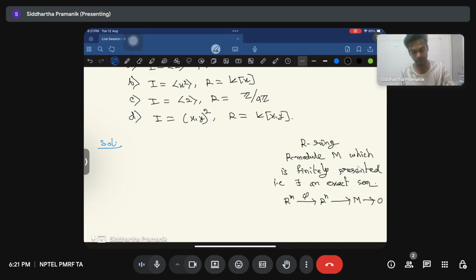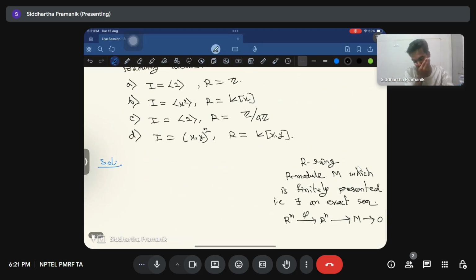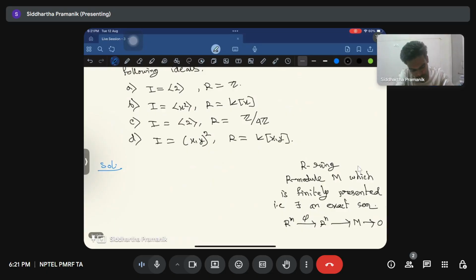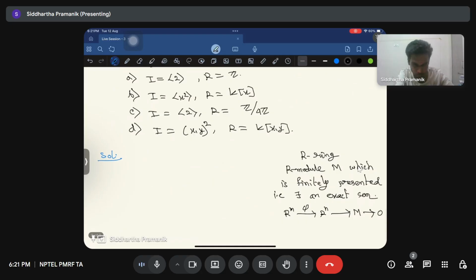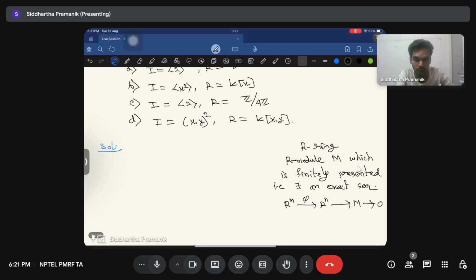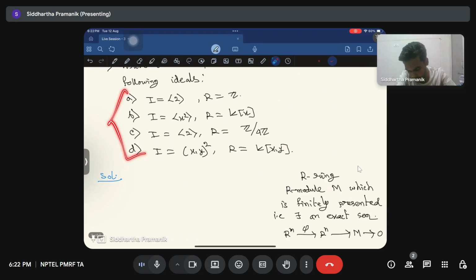Then this map has a matrix representation, and that is called a presentation matrix of this module M. This matrix need not be unique, because if we change basis, then the matrix will also change. So let's try to find this presentation matrix in the following cases.